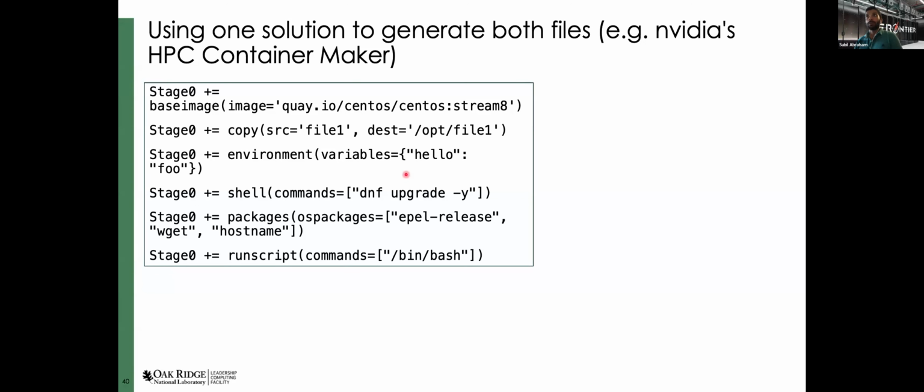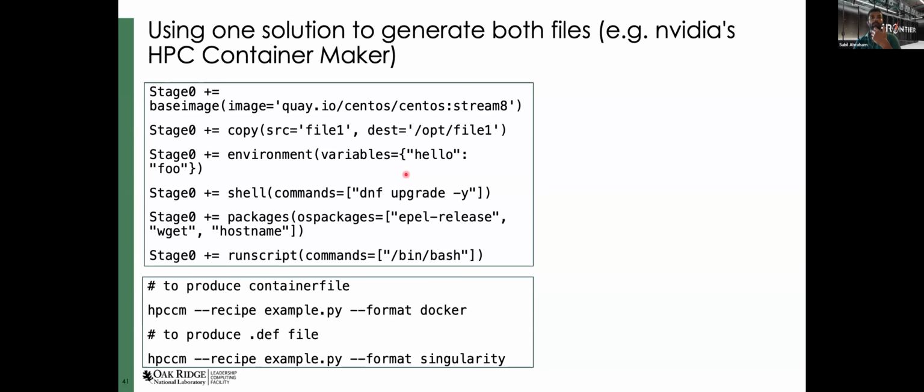So there's ways that you can take the built container image from one and then convert it to the other, or you might decide that you want to have definition files for both Podman and for Apptainer. There's some applications like NVIDIA's HPC Container Maker that will generate the container file or the definition file for you.